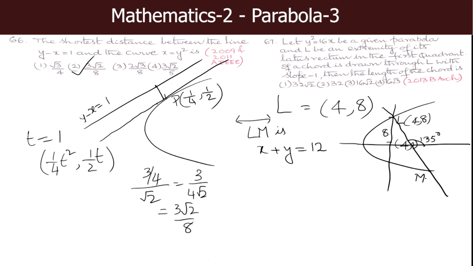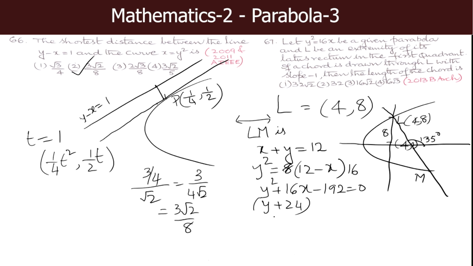Well, you can get the value of M by solving this with the equation of the parabola. So, y square equal to 16 times (12 minus y)... that is, y square equal to 16 times (12 minus x), or y square plus 16y minus 192 equal to 0. So, (y plus 24) into (y minus 8) is 0. So, y equal to 8 corresponds to L, and y equal to minus 24 corresponds to M. When y equal to minus 24, x is 36.